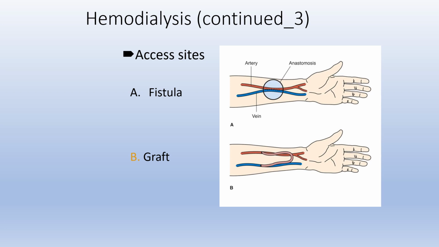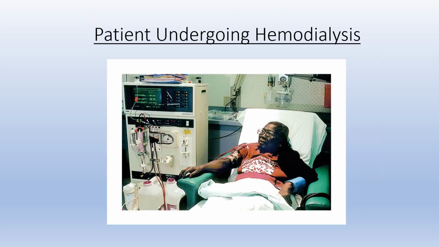So the blood from the artery will flow through the AV graft and then into the vein. So this creates an area on your arm suitable for hemodialysis because the AV graft material is strong enough to use repeatedly. And here you see a patient undergoing hemodialysis.